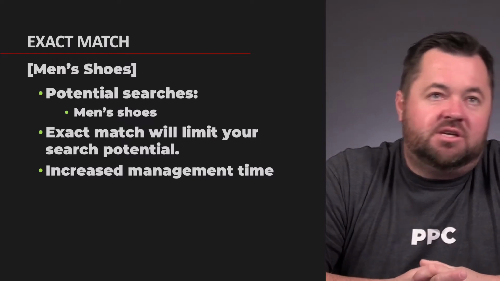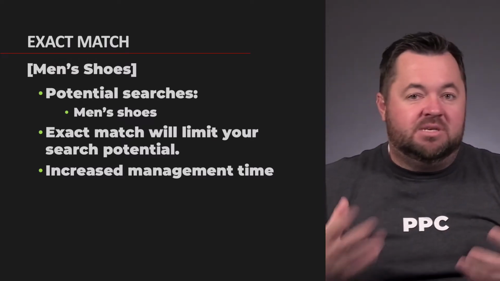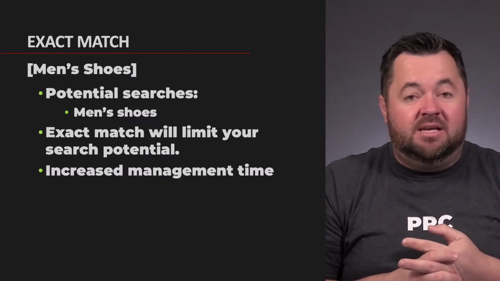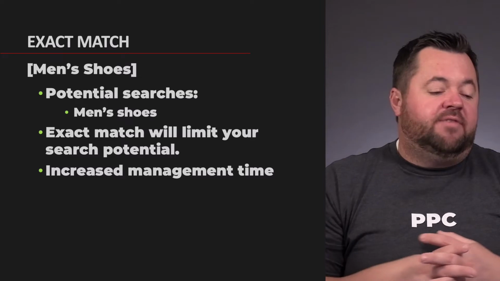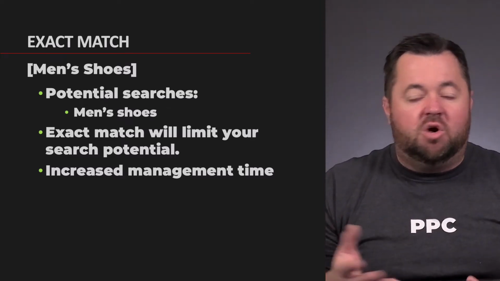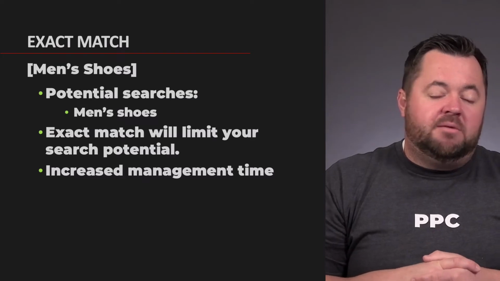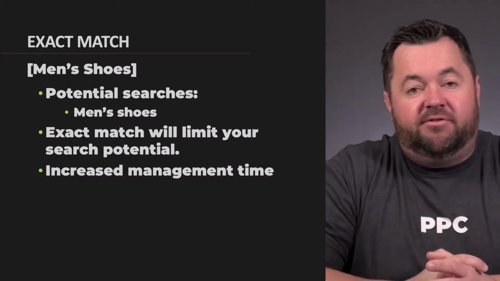Now, years ago, they kind of opened up their exact match to include some typos and some misspelling. So if someone types in men's shoes but forgets the apostrophe, it'll still show. If they type in men's shoes without the apostrophe S, it'll probably still show as well. But the main thing you need to know about exact match is it's going to limit the number of searches.